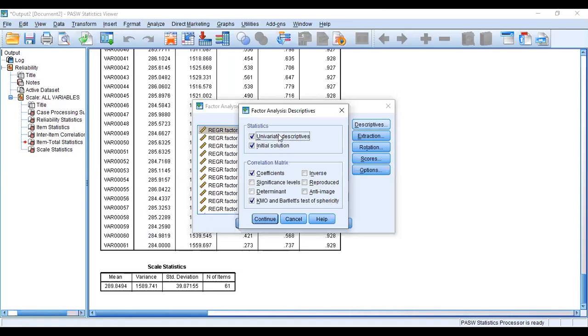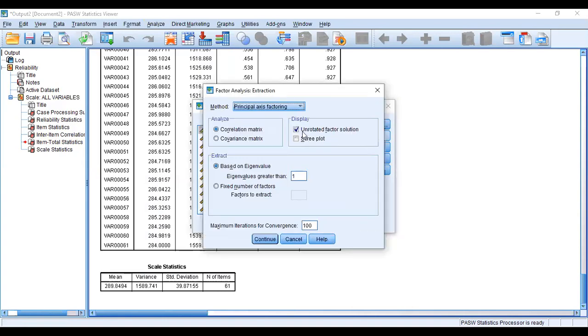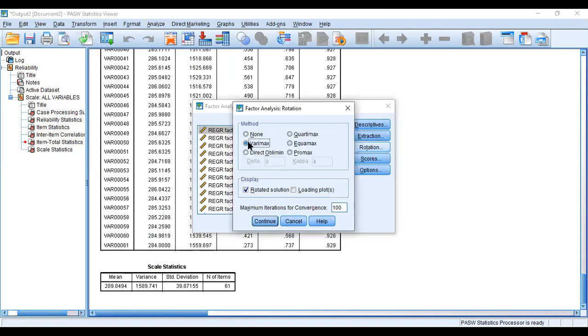In Descriptives, we'll click univariate descriptives and initial solution. Here we'll take coefficients and the KMO and Bartlett's test of sphericity. In Extraction, we'll use principal axis factoring as the extraction method and number of iterations to be 100. In Rotation, we have already clicked Varimax rotation and the maximum iterations for convergence to be 100.